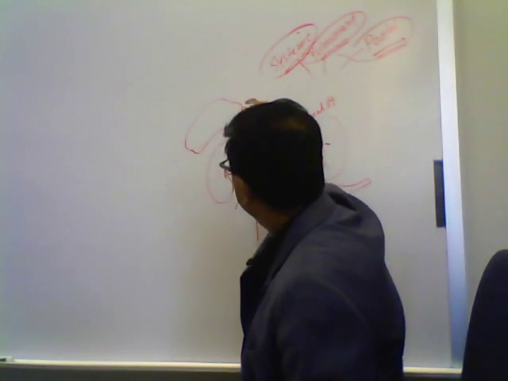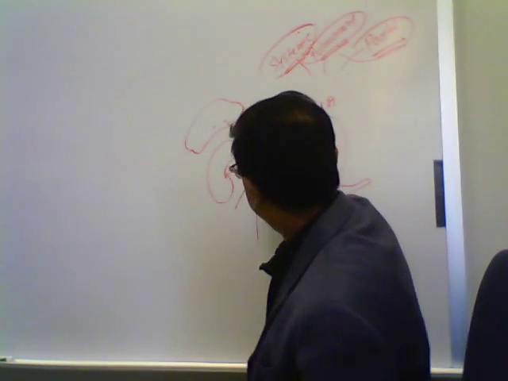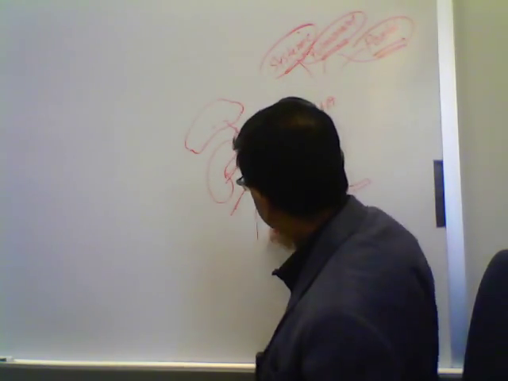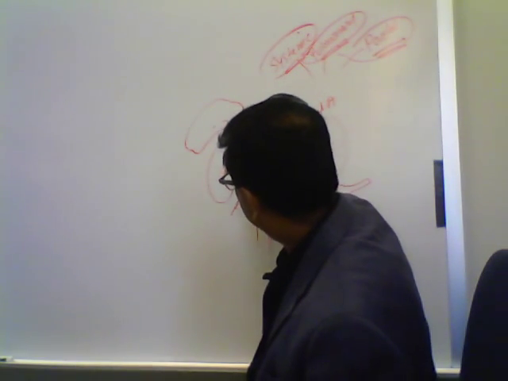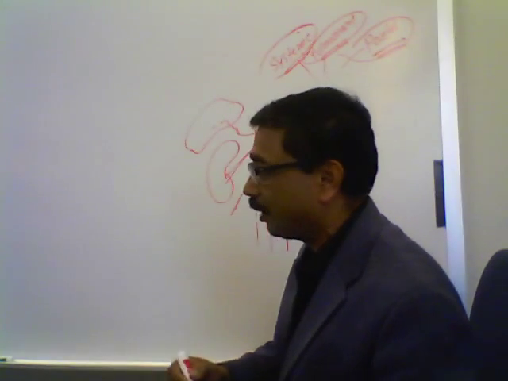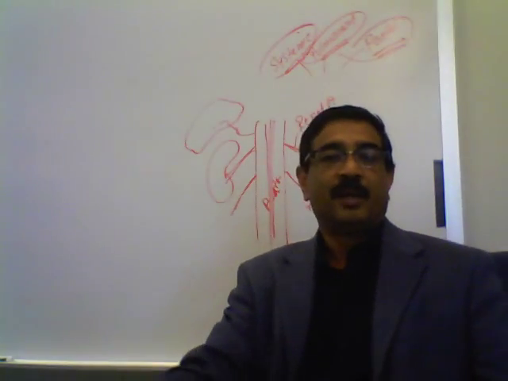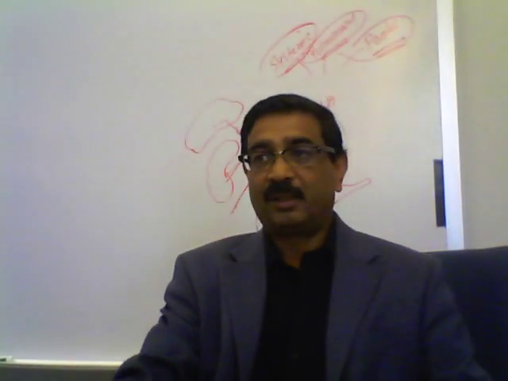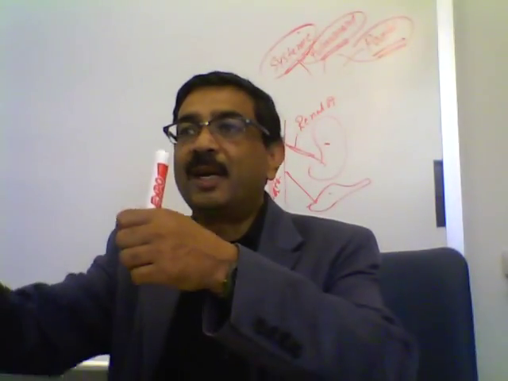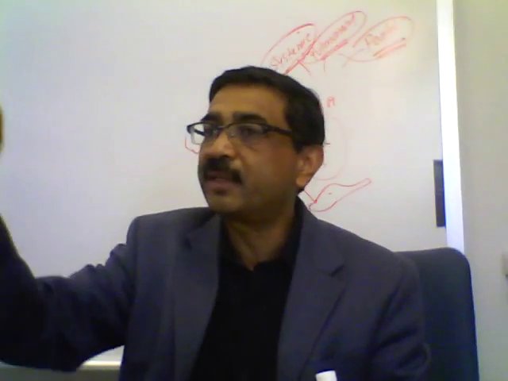You know that, right? So these are distributing arteries. Why? Because they are taking the blood from the elastic artery and distributing it to the internal organs of the body.